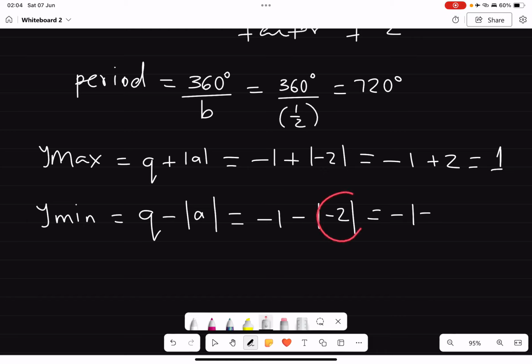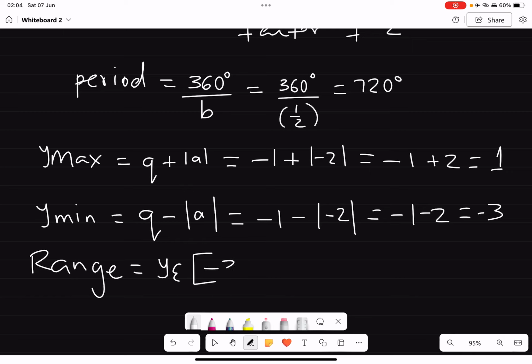The absolute value of -2 will just be 2. So the minimum value will be 3. And then the range of this function would be y elements from the minimum to maximum with square brackets because they are also included. All right.